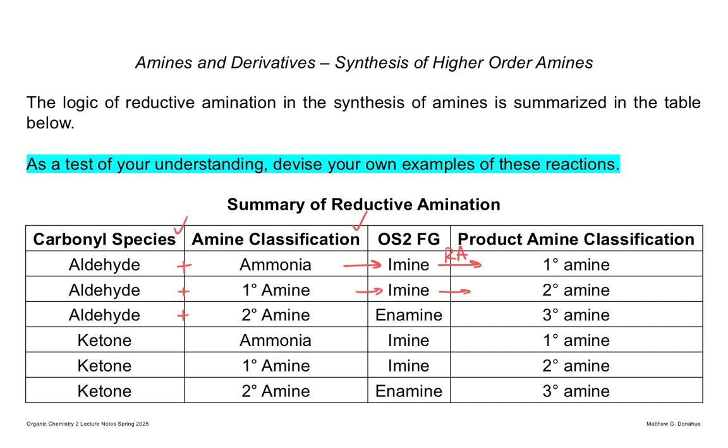But now the issue was with secondary, that generates an enamine because we have to lose water. And the alkene part comes from the alpha proton. So we'll talk more about alpha carbons today as well. That's going to be important for us. And then the enamine gets reduced to a secondary amine.